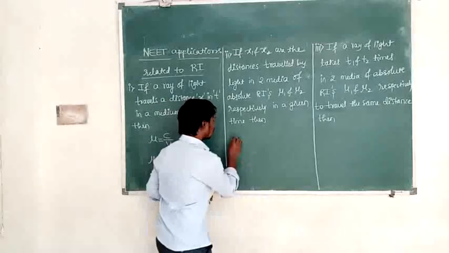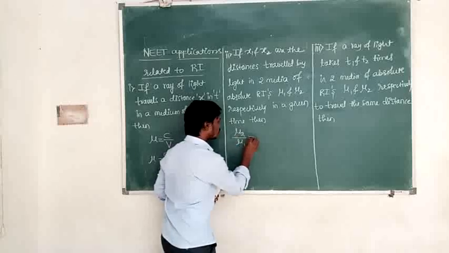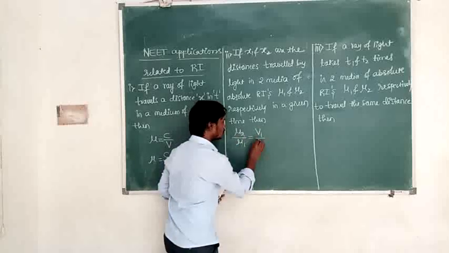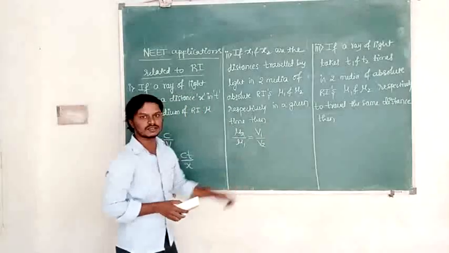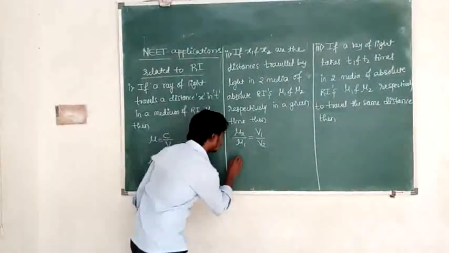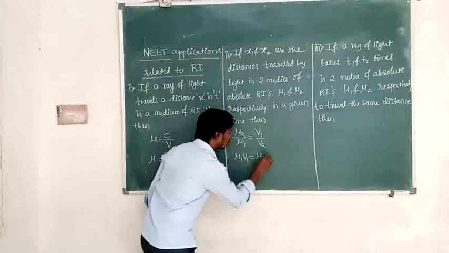See here, already we know that mu2 by mu1 is equal to v1 by v2, because refractive index and speed are inversely related. We can write mu1 into v1 is equal to mu2 into v2.